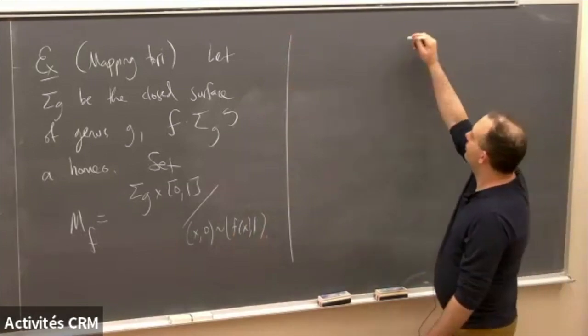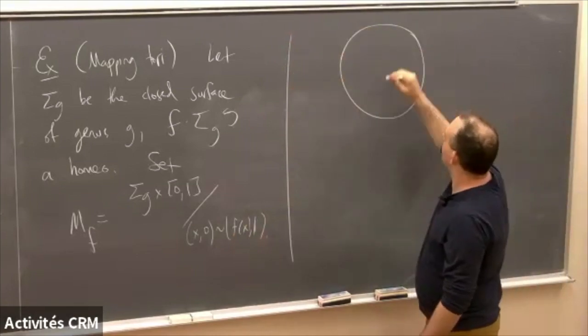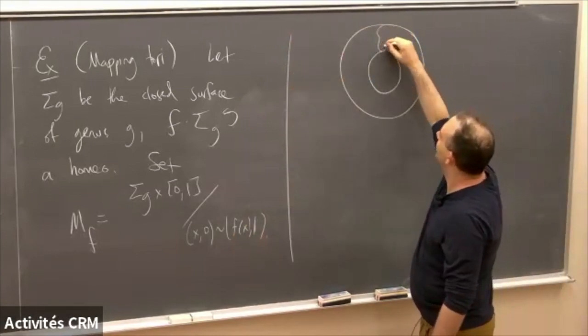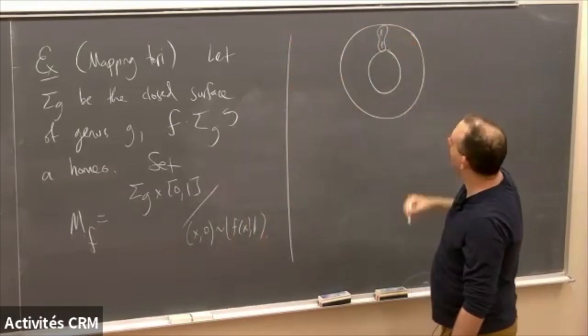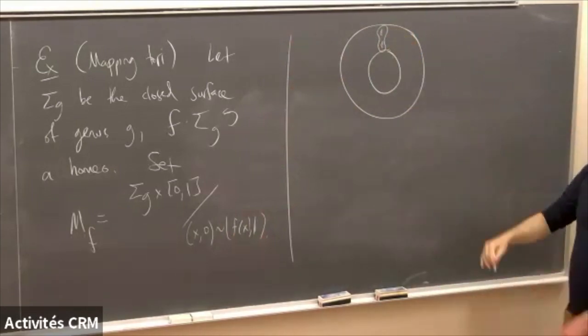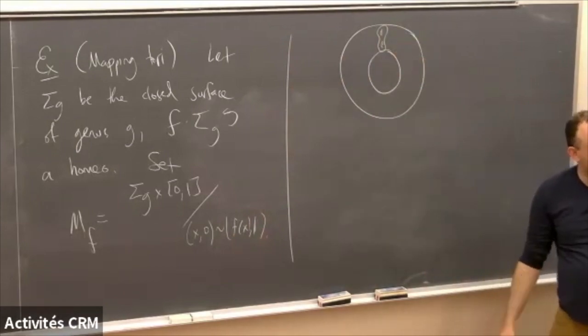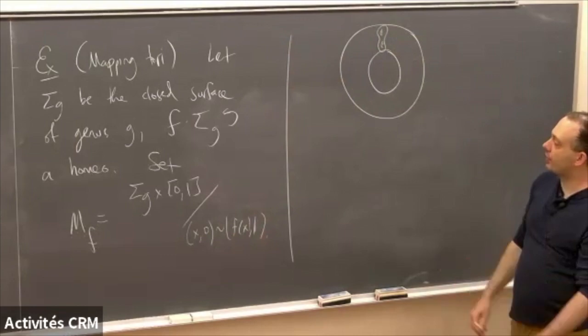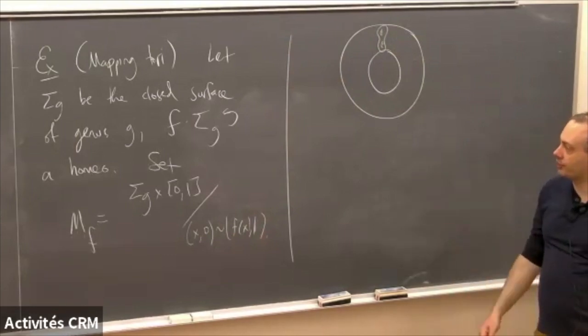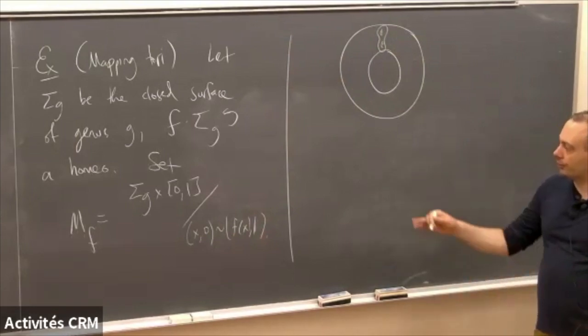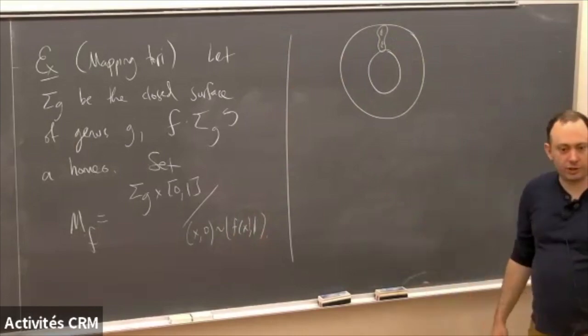The way I want you to picture the mapping torus is, well, this is of course an awful picture, but you've got the surface cross interval, and you glue the ends together. Of course, this picture doesn't capture anything about the map f, which is the crucial input for the topology here.